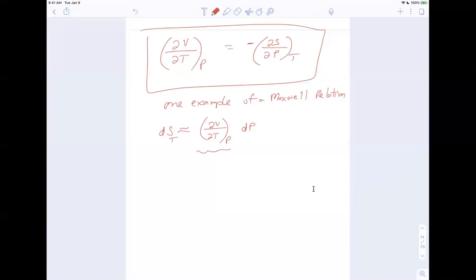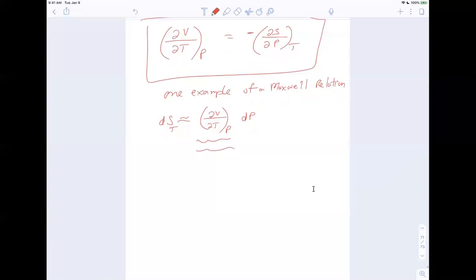In this case, we have to touch it the hard way. And the thing that allows us to do that is the equation of state. And so if we had an equation of state, we could compute the partial of volume with respect to temperature at constant pressure. As an example, we could use the ideal gas, and we all know that we can use that.